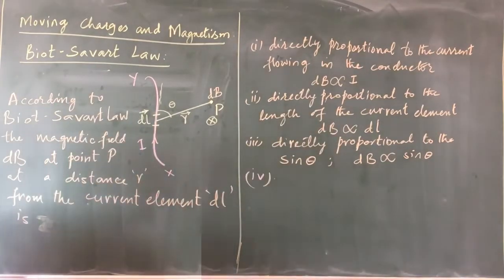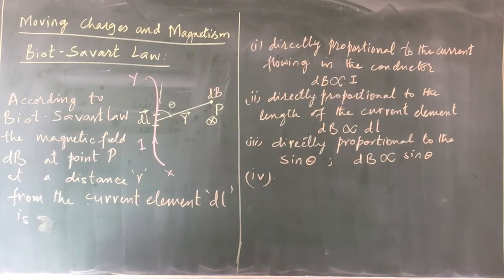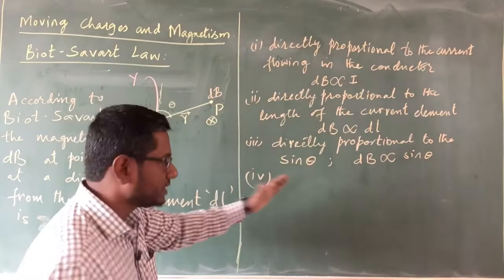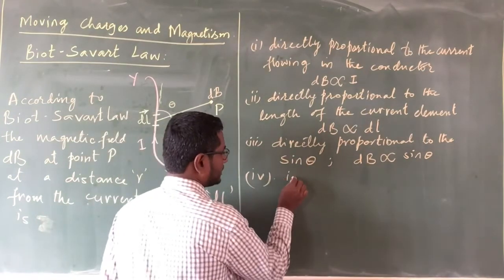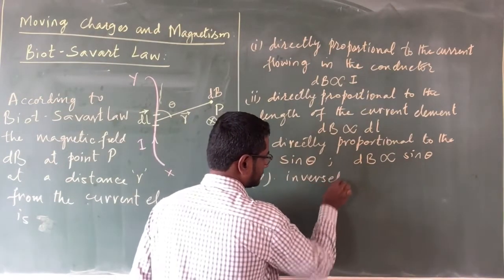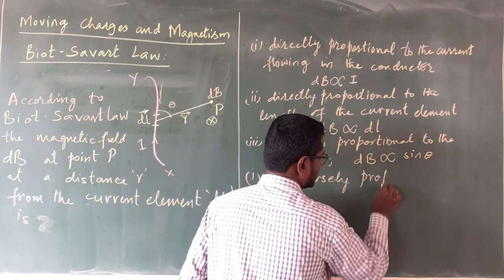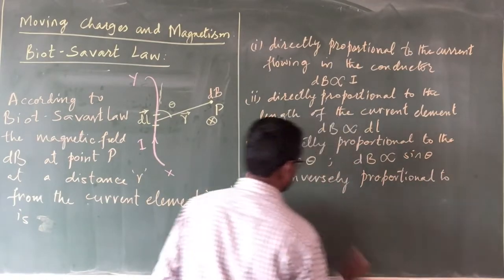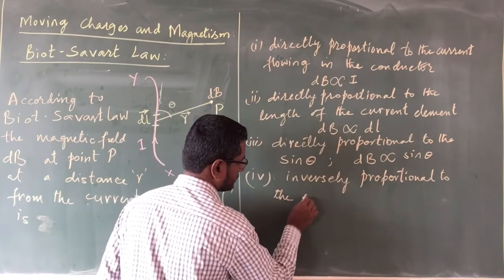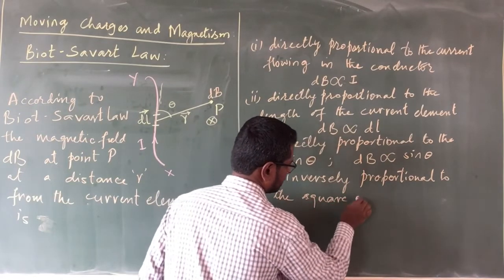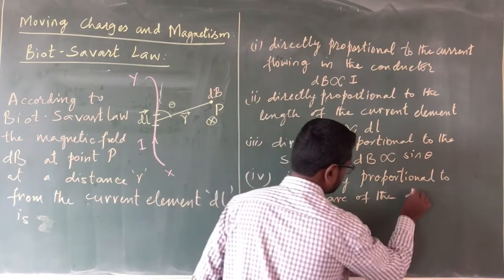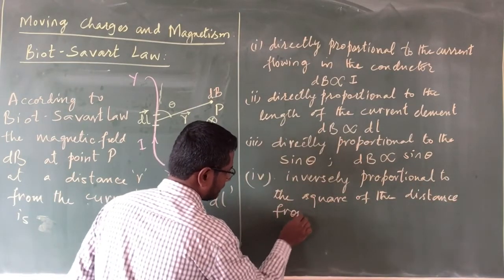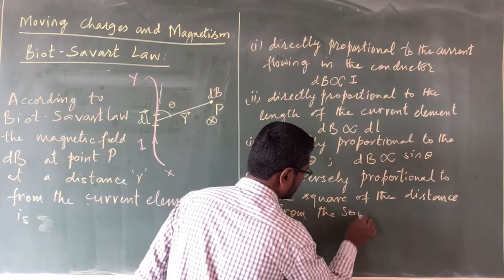Then the fourth statement, like we say for Coulomb's law, is inversely proportional to the square of the distance from the source.